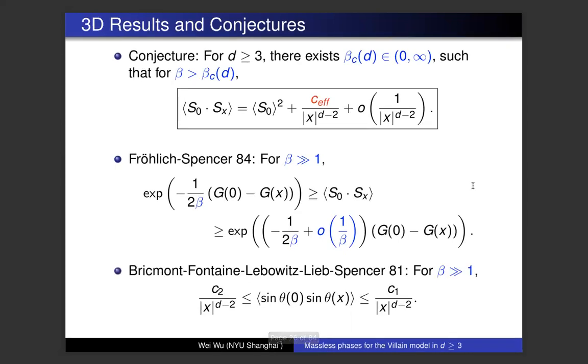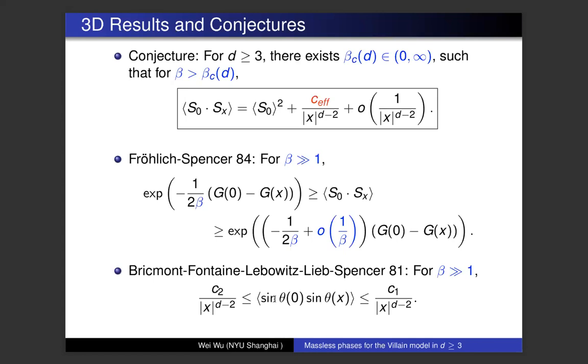The other thing people studied in the 80s is something called the transversal spin wave. What this quantity means is that you put your model in a finite box and then put all boundaries pointing in one direction, let's say the e1 direction, and then you look at the infinite volume Gibbs state.